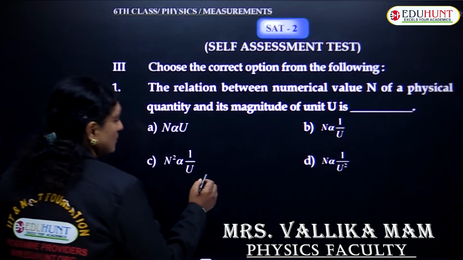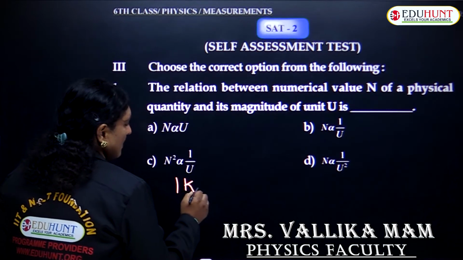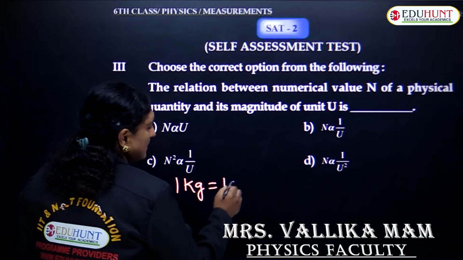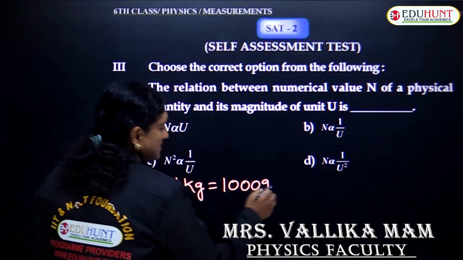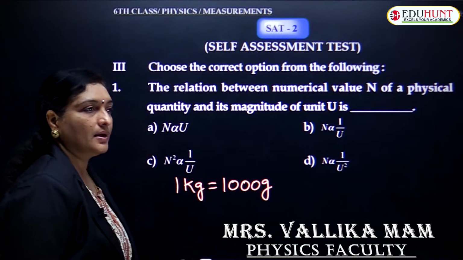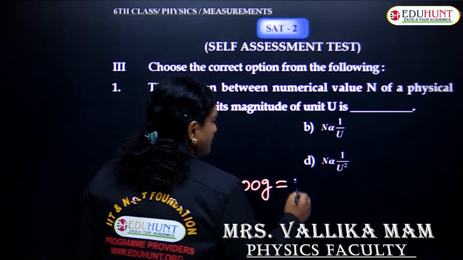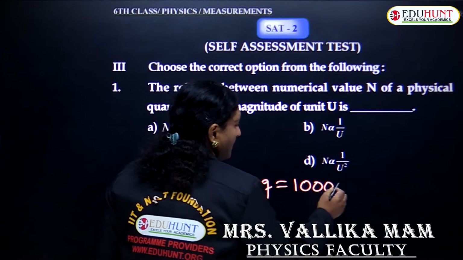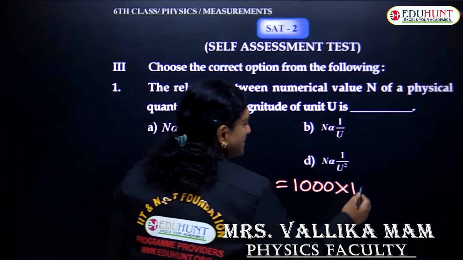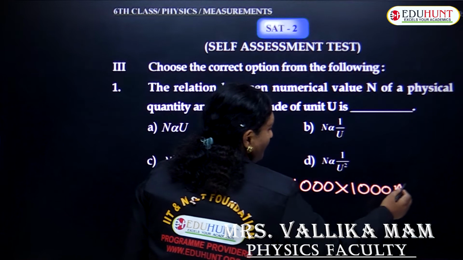Children, earlier I told you that 1 kilogram is nothing but 1000 grams and each gram is equal to 1000 milligrams. Hence, this can also be written as 1000 into, again 1 gram is written as 1000 milligram.